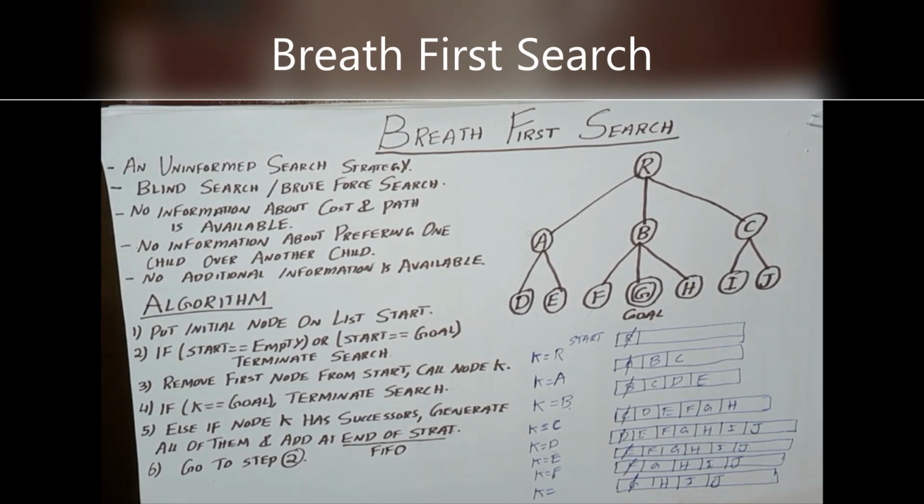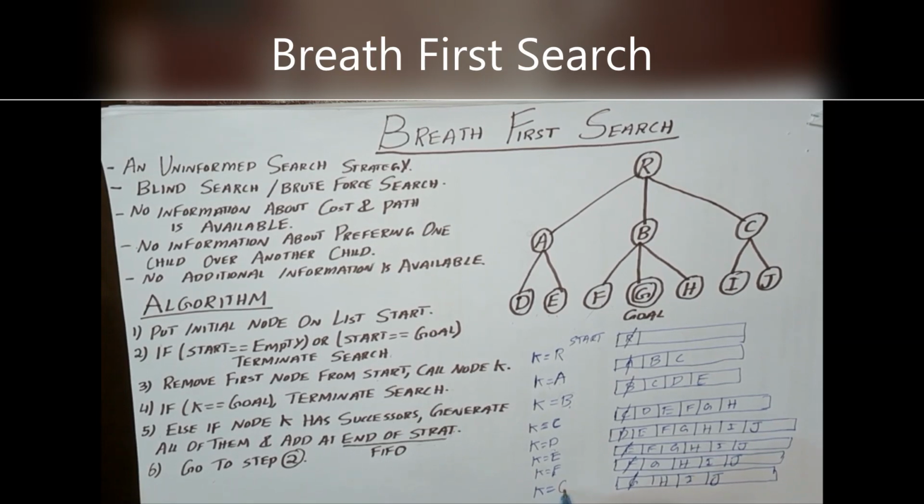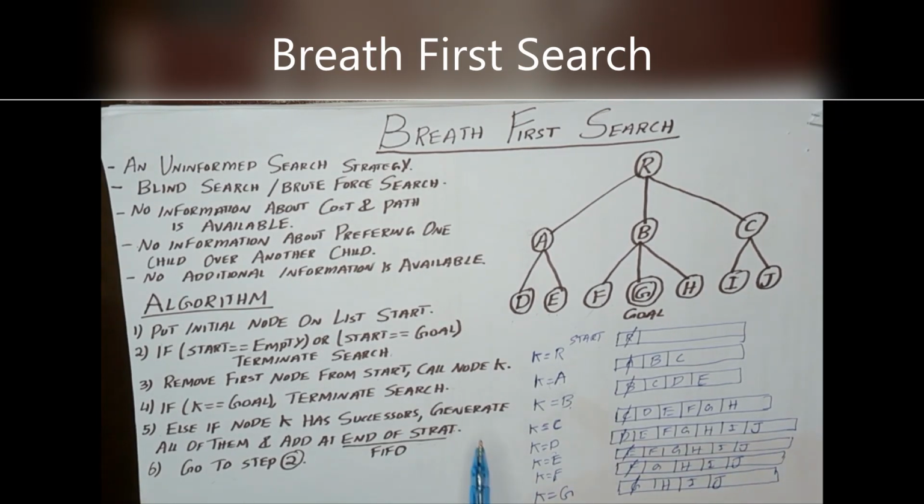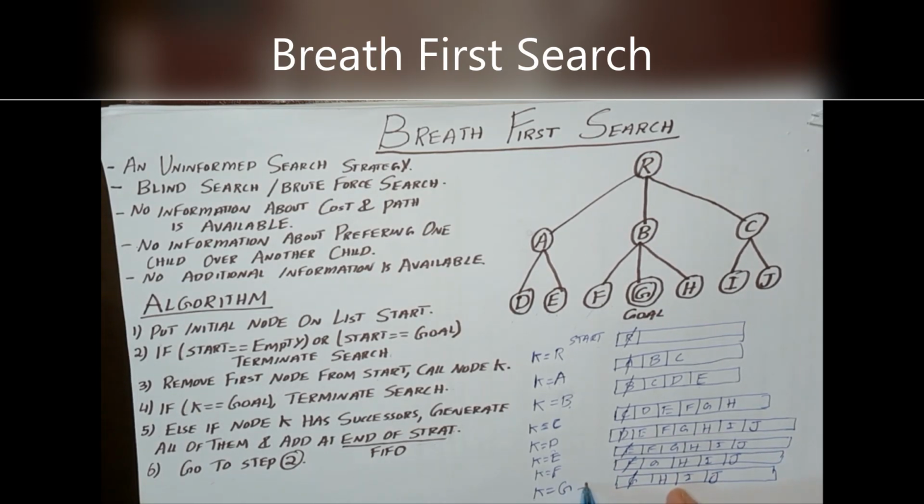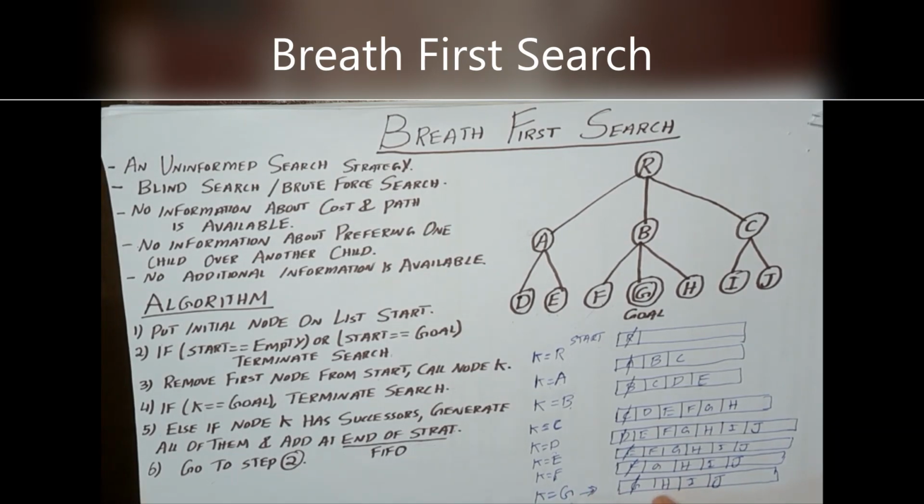So the value of K now will be G. Now when we move on to the fourth step, we will see, if K is goal, terminate search, and here our K has the value of G, which was goal. So we will terminate our search here, and now we found our goal.